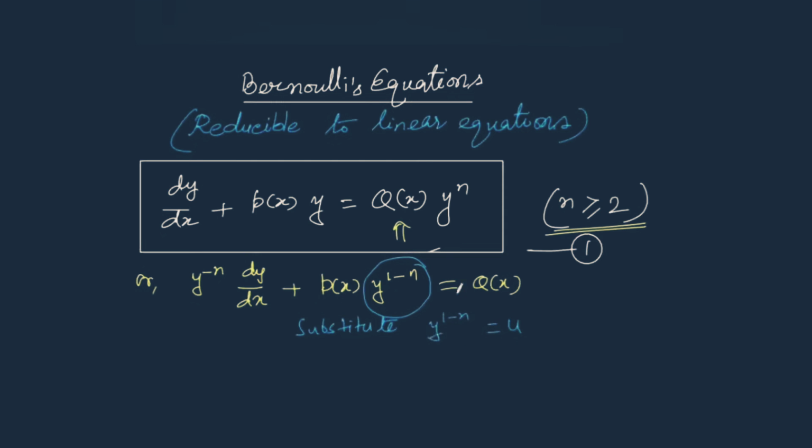And the whole equation will be reduced to a linear equation where the unknown function is u. Now, for better understanding, consider an example.